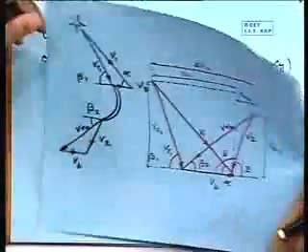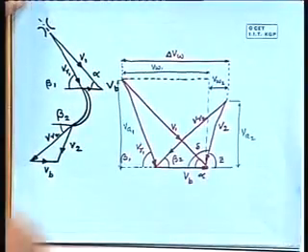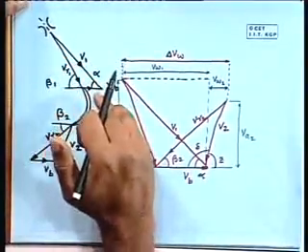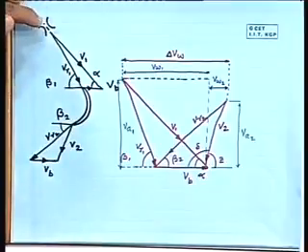So, if we go to the next diagram, here we can see how the different components of velocities are changing from inlet to outlet.